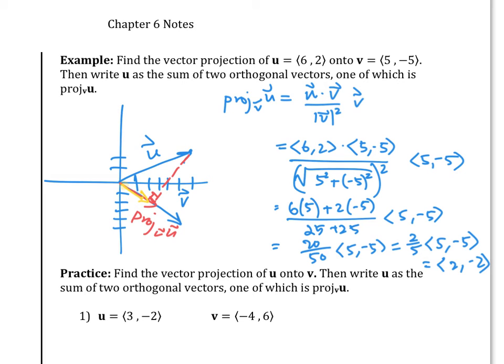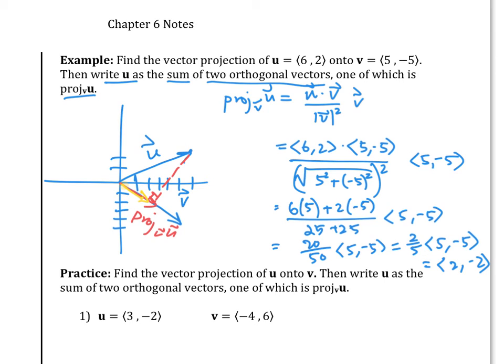The next thing is to write u as a sum of two orthogonal vectors, one of which is the projection vector. They want you to write u as the sum of two vectors that are orthogonal, meaning perpendicular to each other.